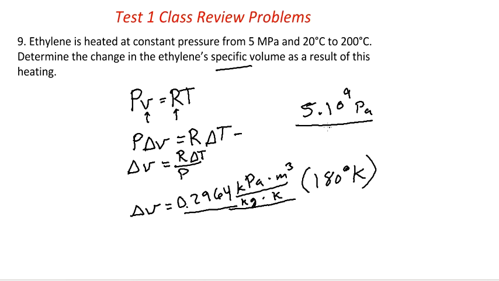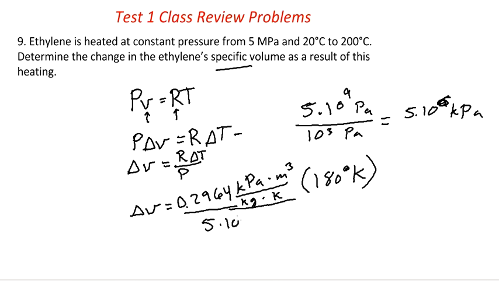This is going to be divided by 10 to the 3rd pascals per kilopascal. So that equals 5 times 10 to the 6th kilopascals. Okay, that keeps it in units that we can cancel out.